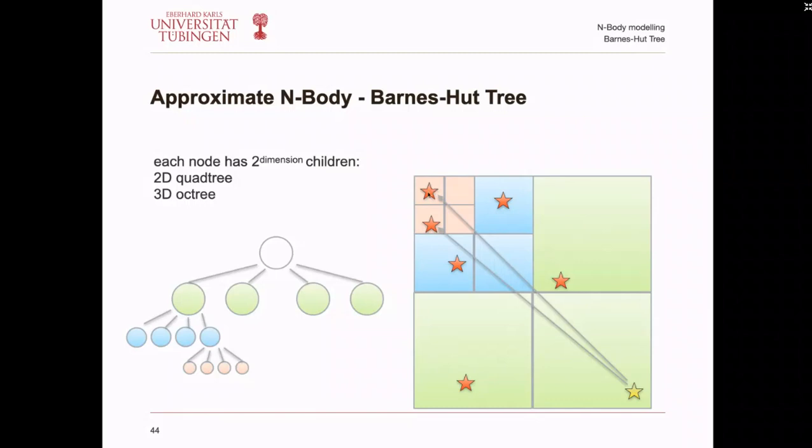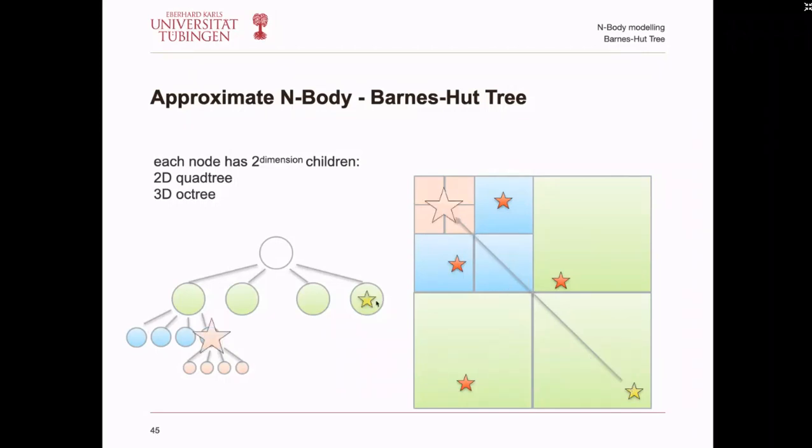And here you have to subdivide the tree, have to create more children to be able to sort them into different nodes. So what you end up with here is that you sort them here in the trees.